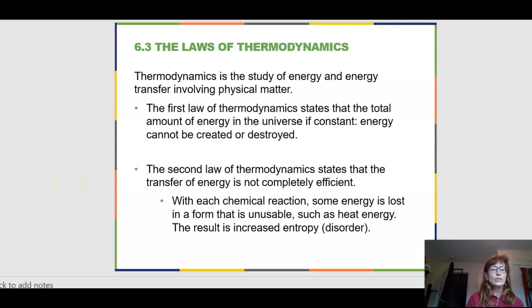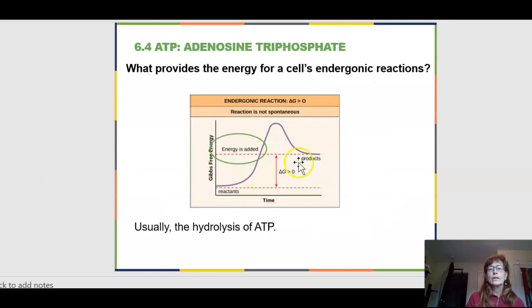I'm going to just go to this one slide to tell you that one of the main sources of energy for any of the reactions that require energy being added in is going to be the hydrolysis, the breakdown using water, of that molecule we've already talked about, ATP. So that's the main source of energy in most of these endergonic reactions that require energy being put in in order to have that reaction go forward.